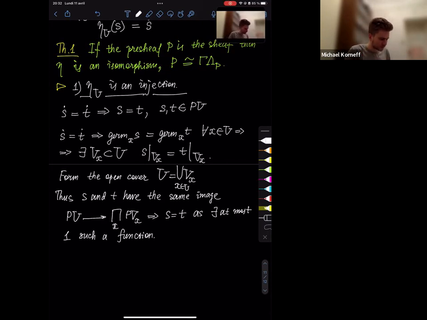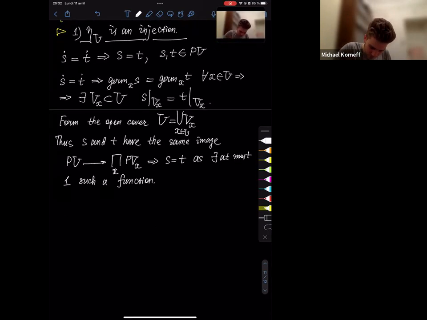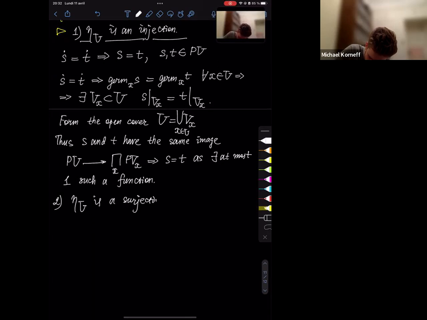Okay, it proves the injectivity. And the second point is eta U is a surjection.